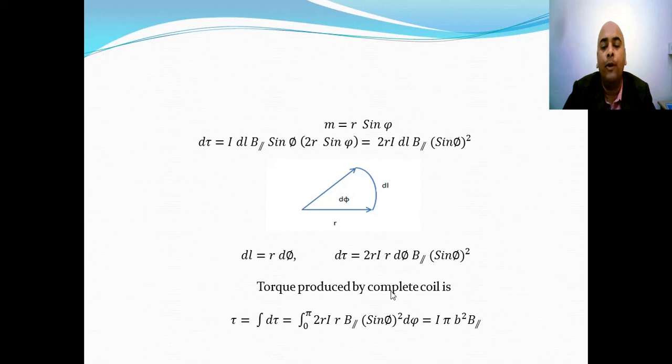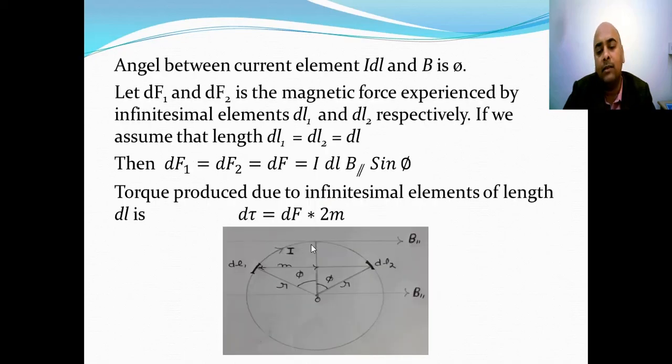The total torque produced by the complete coil is obtained by integrating the torque on the infinitesimal element dl, and as the coil can be split into two parts, that is dl1 and dl2, for dl1 the angle phi will range from 0 to pi, as well as for the other half of the loop, dl2 will vary from angle 0 to pi.